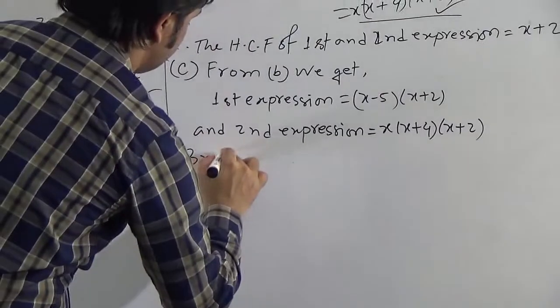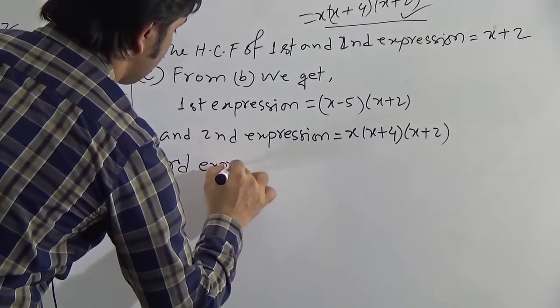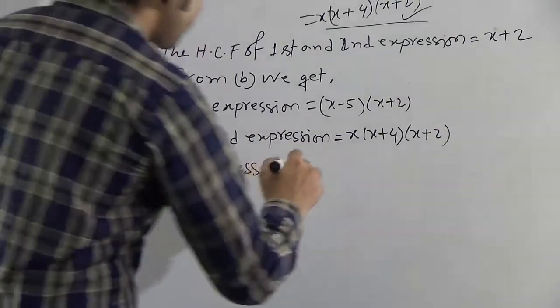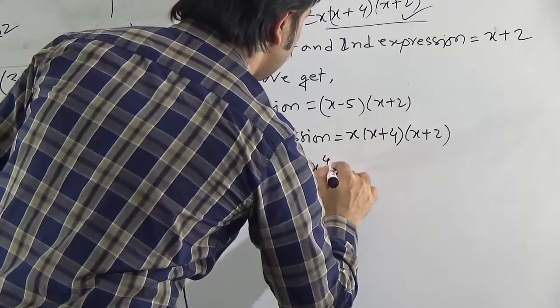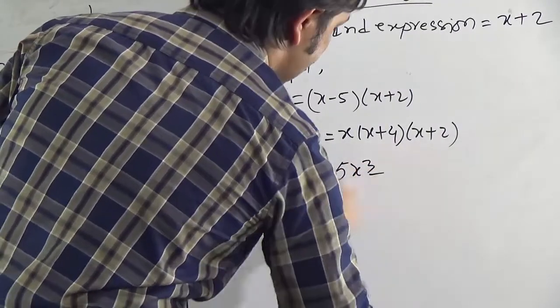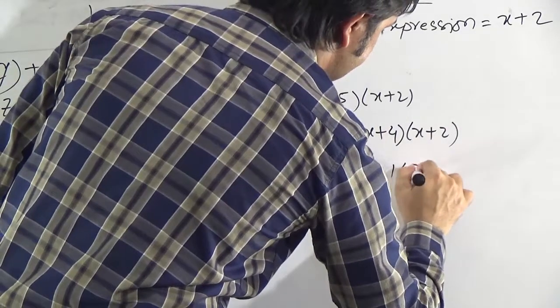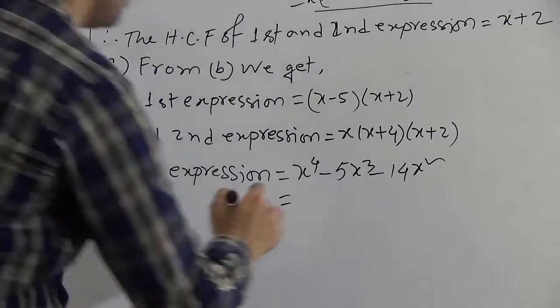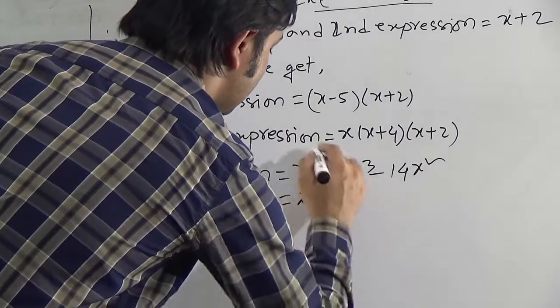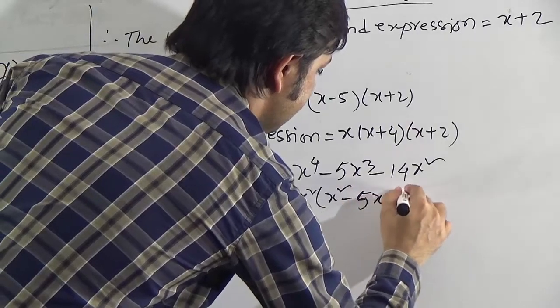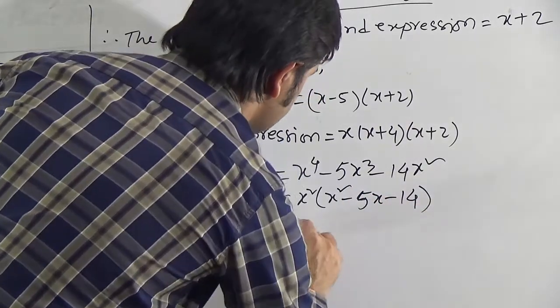Third expression: x to the power 4 minus 5x cube minus 14x square. The students take x square as common. Take x square as common. x square minus 5x minus 14 remains.